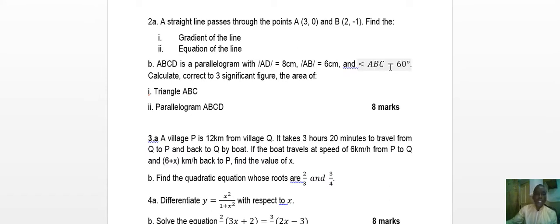The question says you should calculate, correct to three significant figures, the area of triangle ABC and parallelogram ABCD. And this is going for 4 marks, I guess, because this would have taken 2 marks.